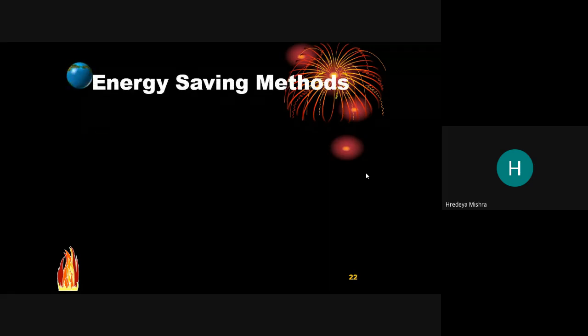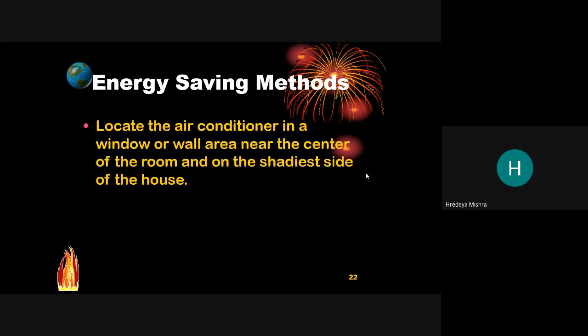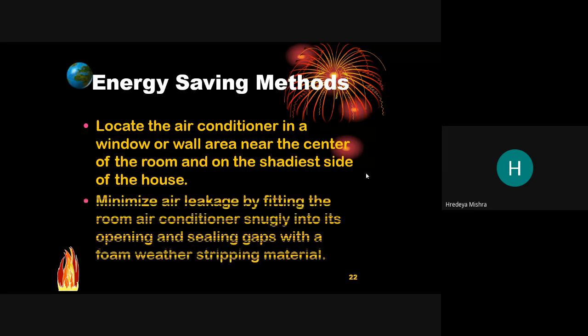Now, energy saving methods. So, locate the air conditioner in a window or wall area near the center of the room and on the shady side of the house. Minimize air leakage.